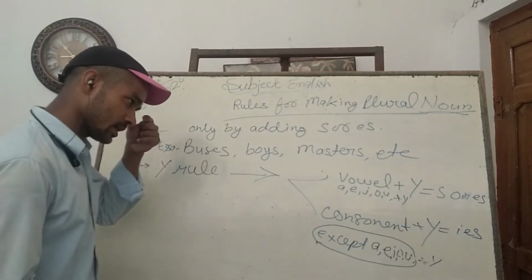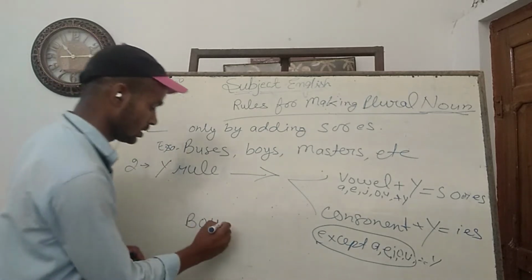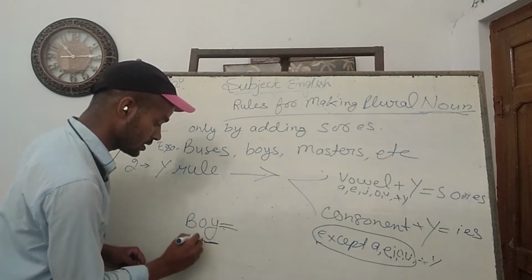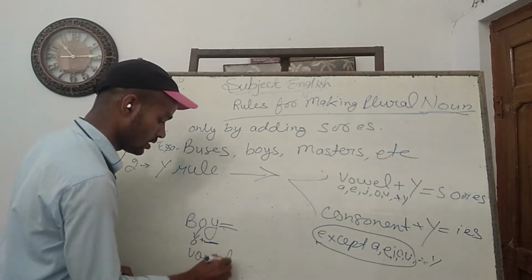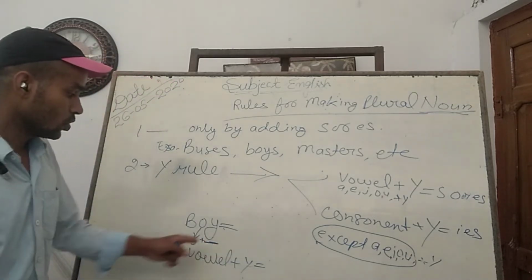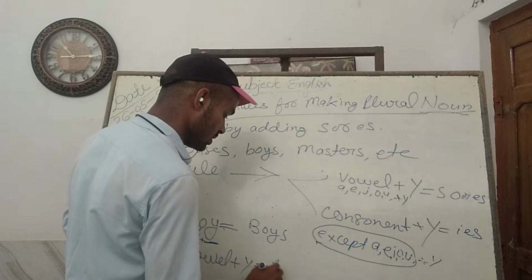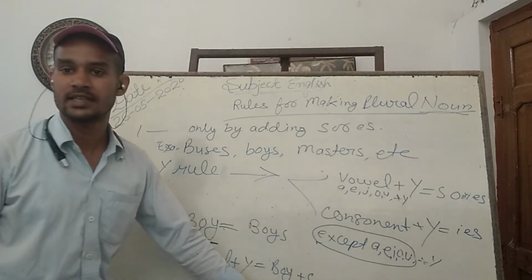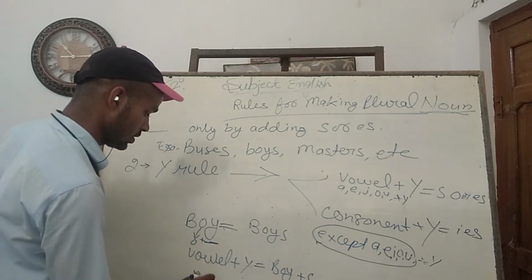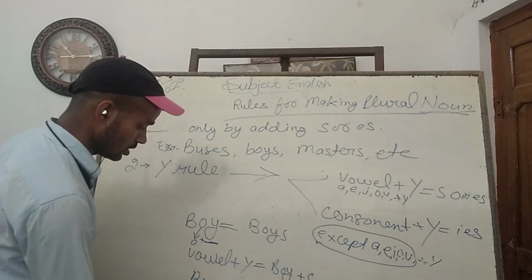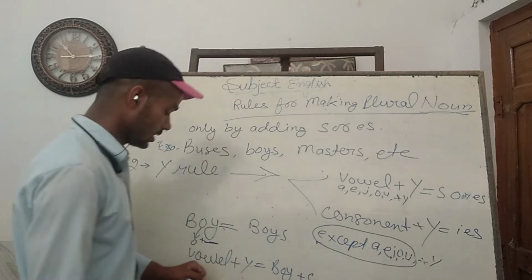For example, if your spelling is boy, here y is preceded by o, a vowel, so vowel plus y gives boys, meaning s is added to boy.